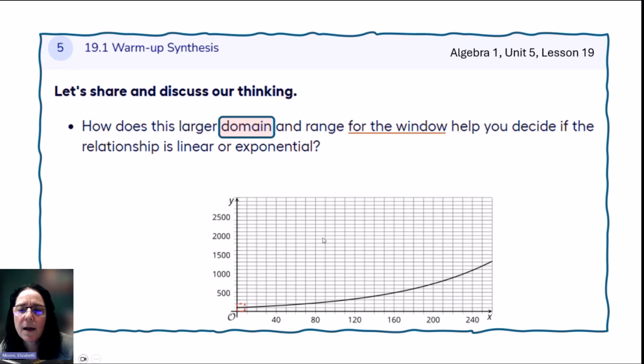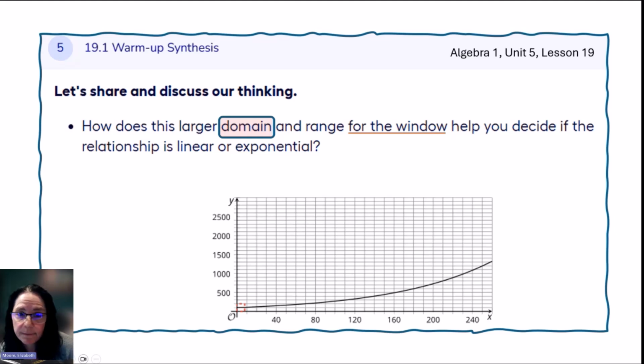I might decide to address domain starting before the warm-up by addressing some common meanings and the mathematical meaning that we learned earlier in Unit 4 or reviewed in Unit 4. And then when I get to the warm-up synthesis, I can just extend that meaning of domain to make sense of this prompt. Here's what that might look like.